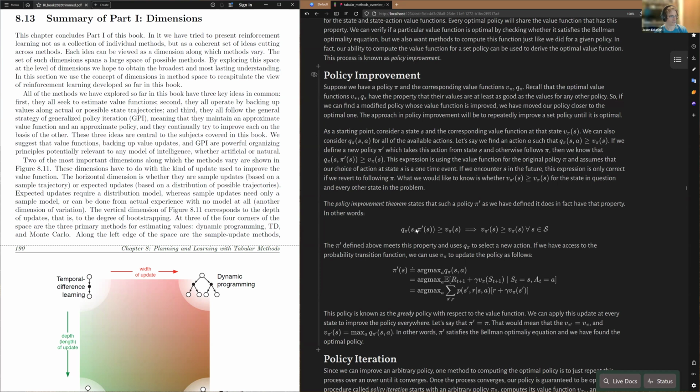This implication is what the policy improvement theorem proves to be correct. The reason you can't just go directly from this to this is that once we change the policy, if we select a new action at this state, then we're also possibly going to change the values at all of the other states.